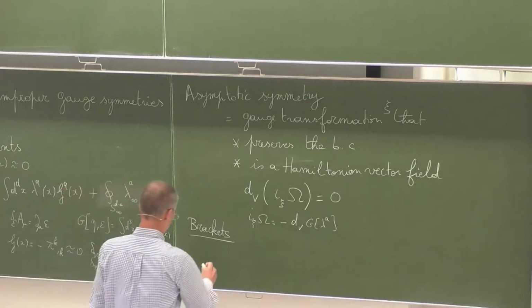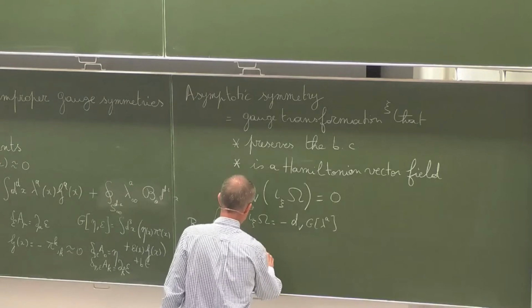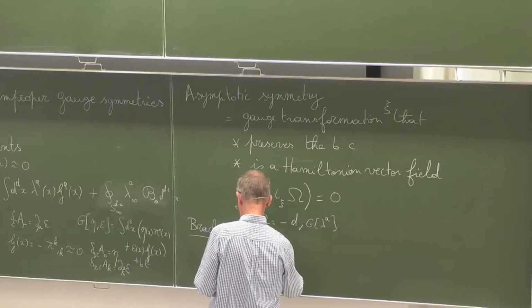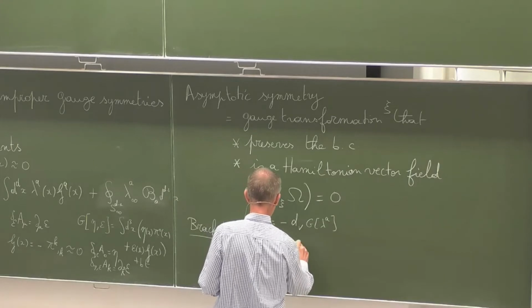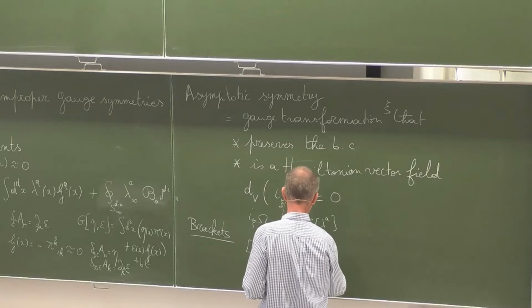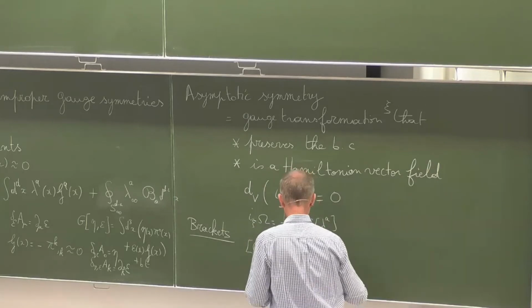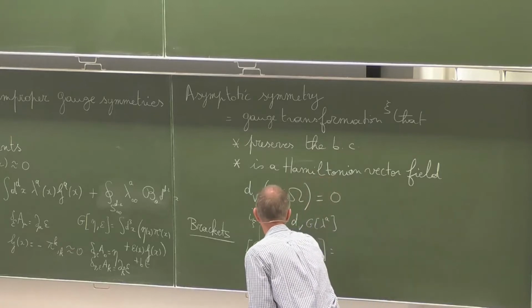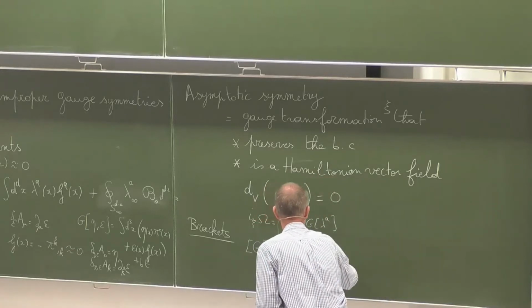So suppose that I take the bracket of two asymptotic symmetries, parameterized by the parameters lambda 1 and lambda 2. Normally everyone would put 1 first and 2 second.